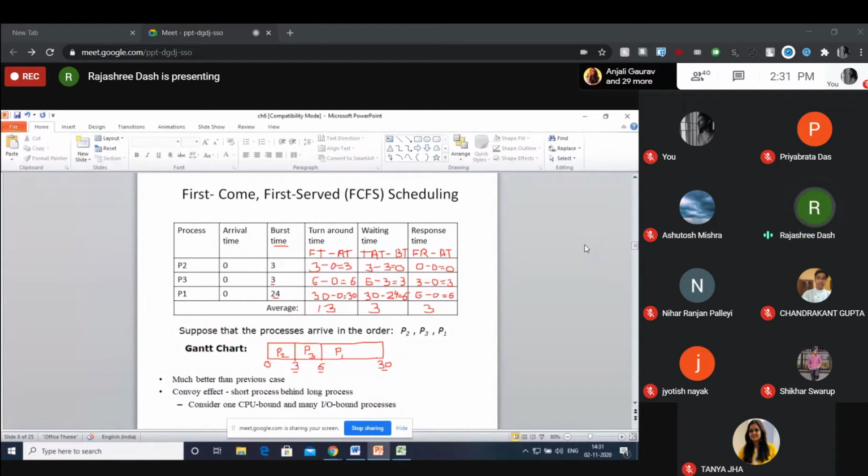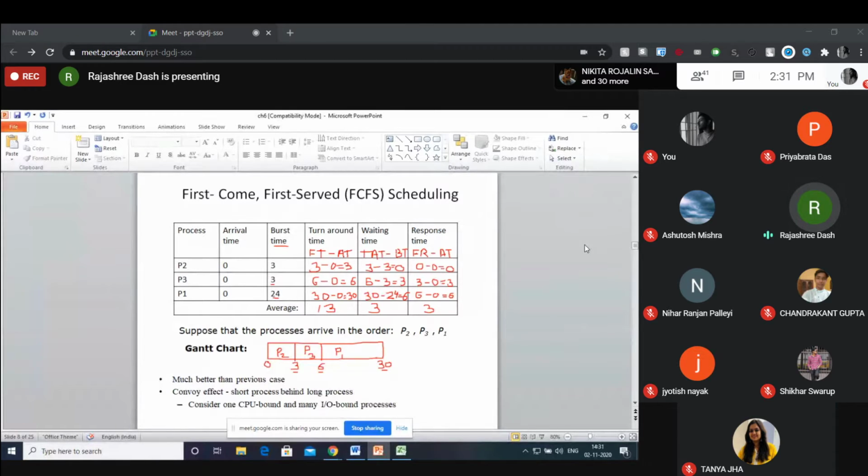If one process has a large CPU burst time and a number of processes have small CPU burst time, and the big process is executed first, then all other small processes will have to wait for a long time in the ready queue to get the CPU. This effect is known as the convoy effect.